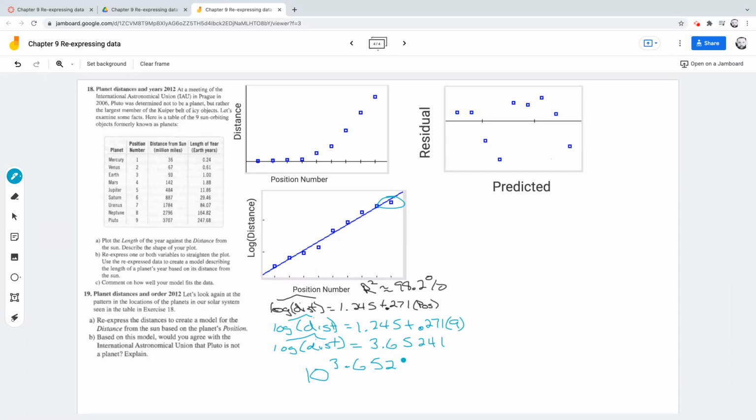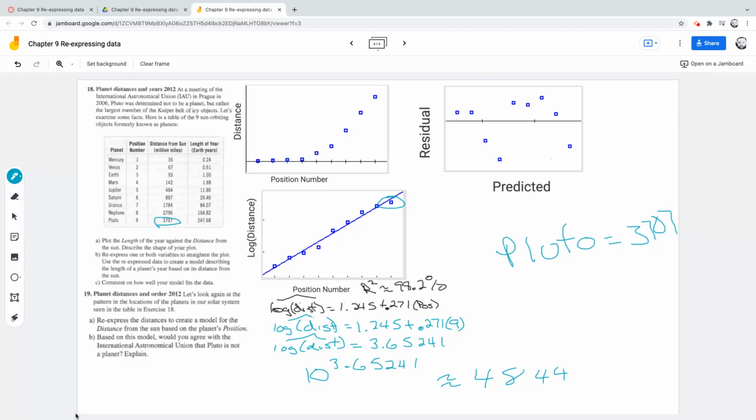Or 241, which is approximately 4,844. And then what is the actual value for Pluto? Well, Pluto is actually, I'll write it real big so you can see it, 3,707. So Pluto doesn't necessarily fit in, it doesn't fit the model at all, right?